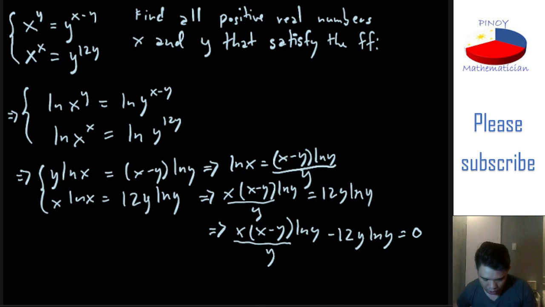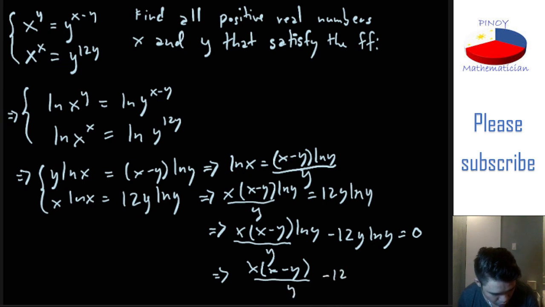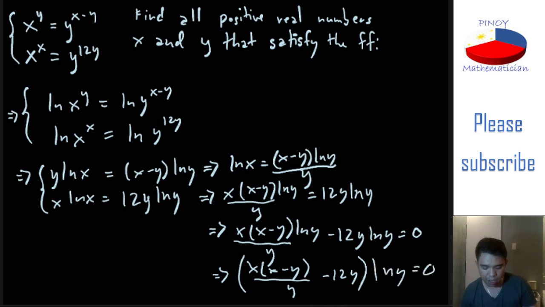The reason I do that is because I want to factor out the ln y. So this will be x times x minus y over y minus 12y, enclosed with parentheses, times ln y, because we factored out the ln y.